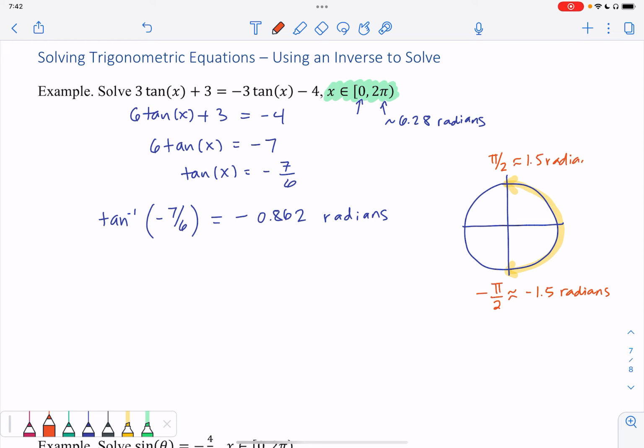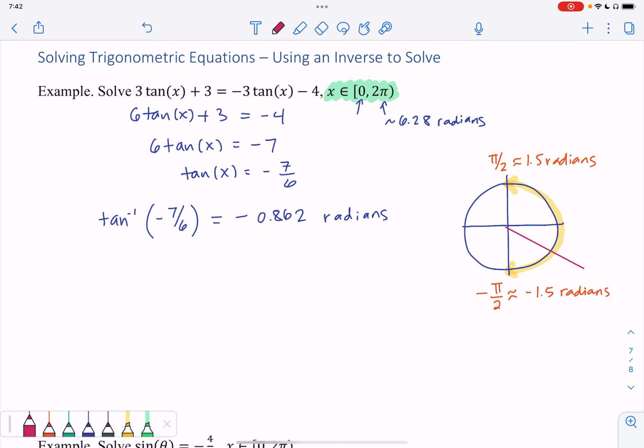It just helps us think about where the angle negative 0.862 radians would be. I'd have to start at the positive x-axis and go this way, and it's about on that diagonal. I'm just going to pick a spot because this is just for illustrative purposes.